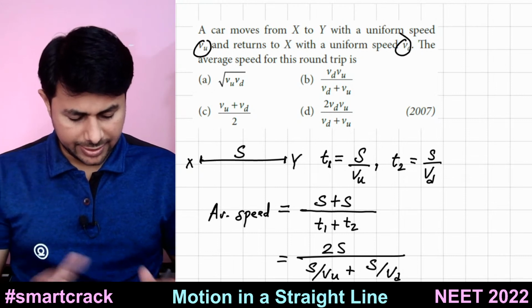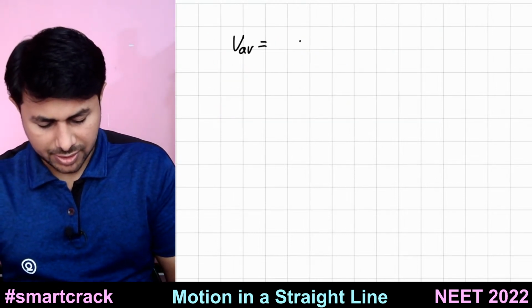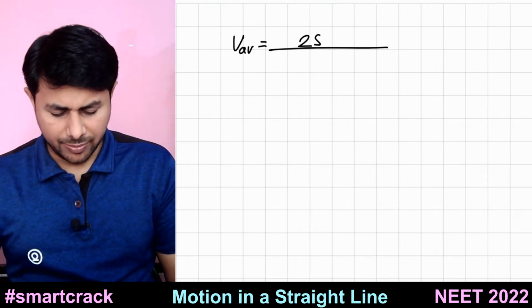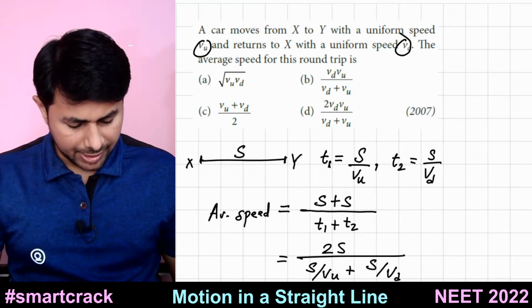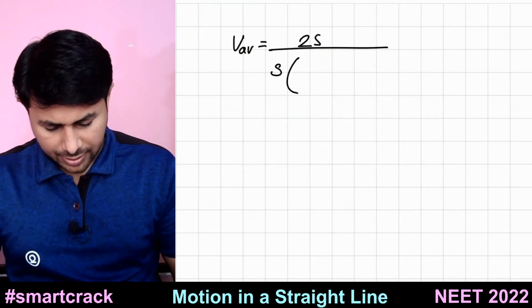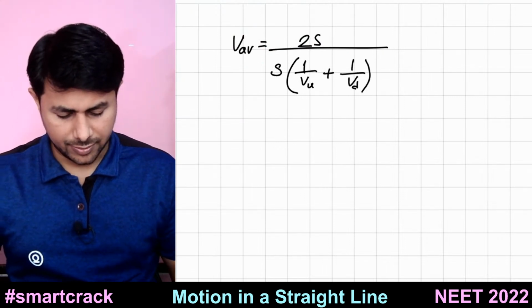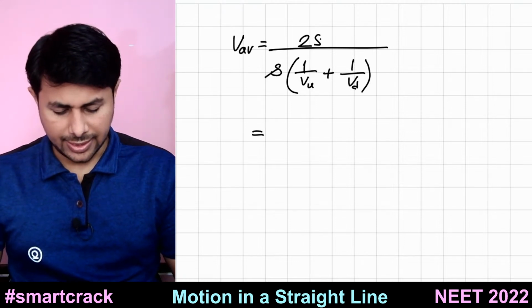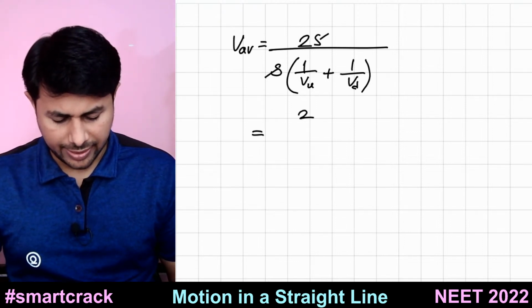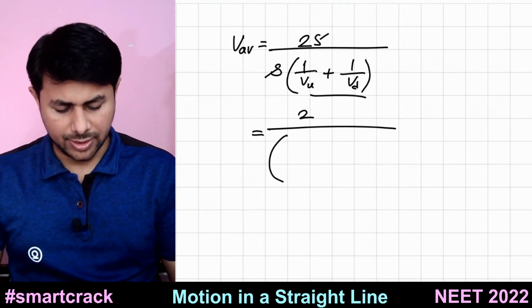And then we can simplify this. V average equals 2s divided by, in the denominator I will take s common. So what I'm left with is 1 upon Vu plus 1 upon Vd. Then s will get cancelled and we are left with 2 divided by. Now we can make the denominators of these two terms common.